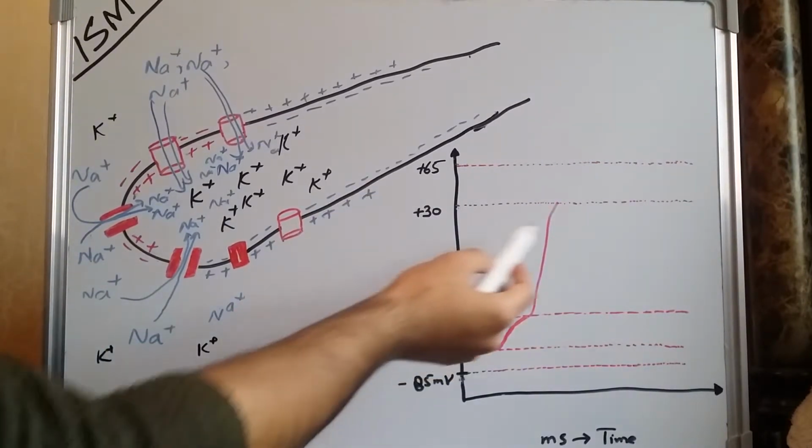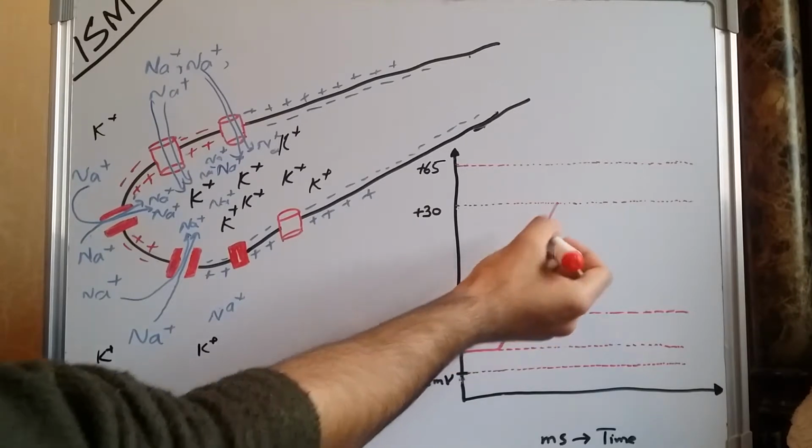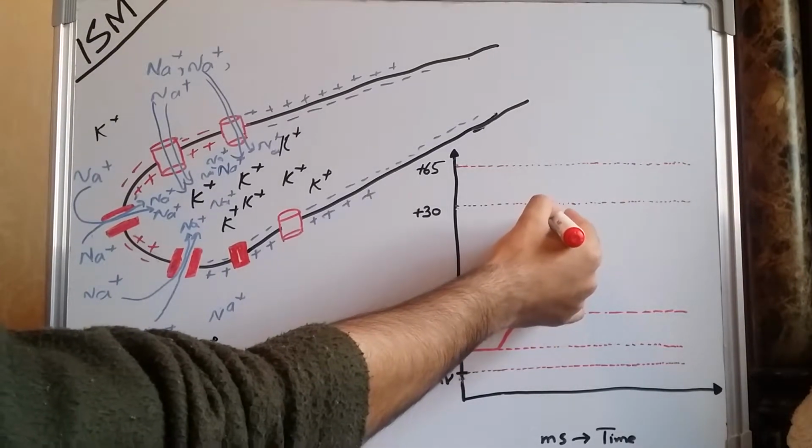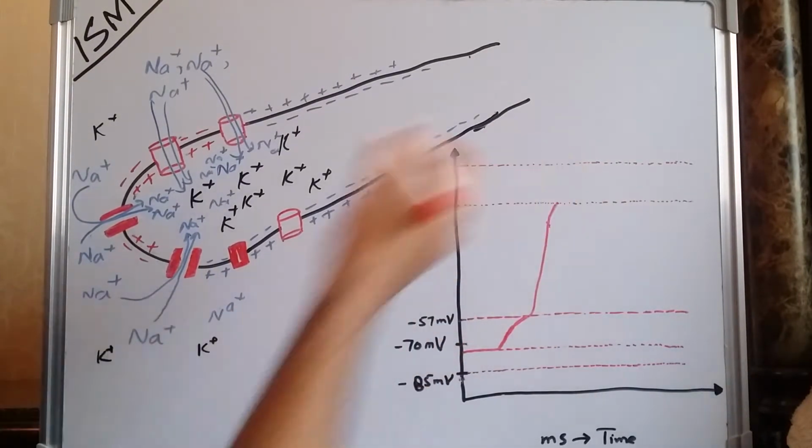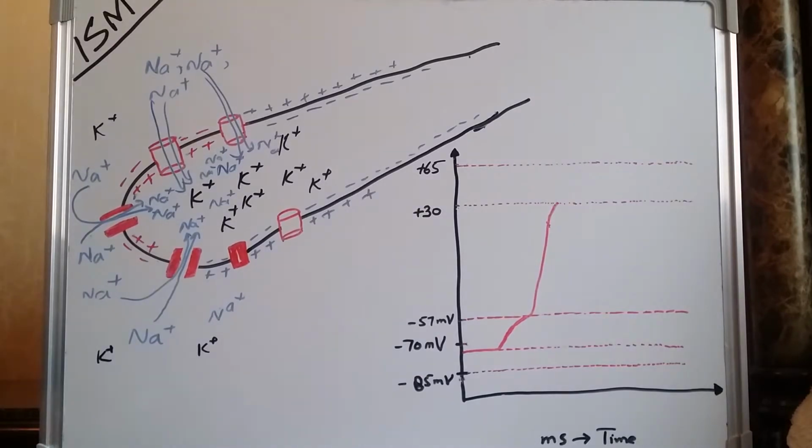But why does it stop at plus 30? Why doesn't it move to plus 65? Plus 65 is the equilibrium potential of sodium.